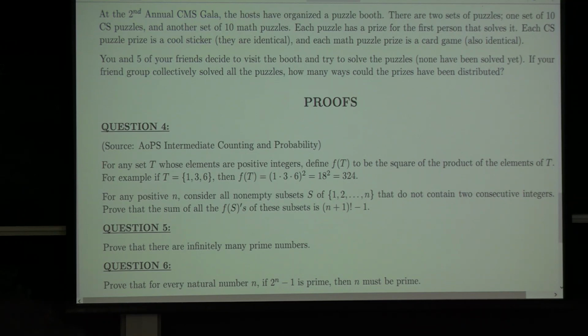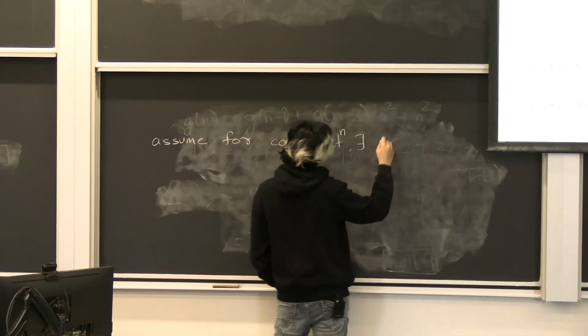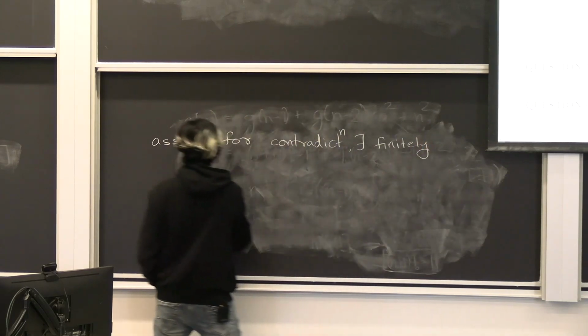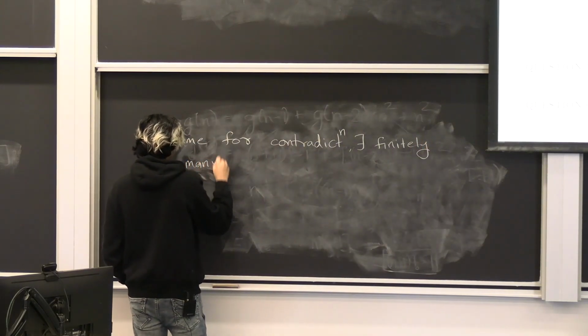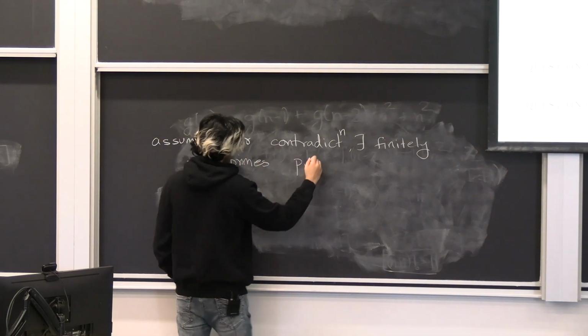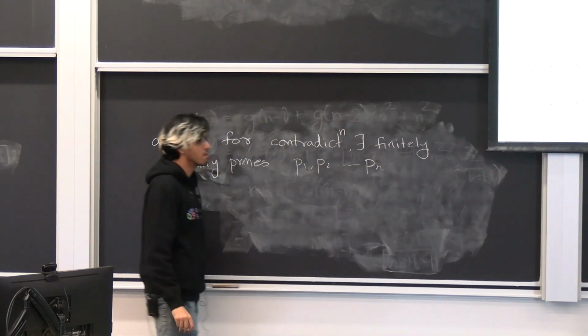That's perfect. So assume for contradiction there exists finitely many primes, prime 1, prime 2, all the way to prime n.